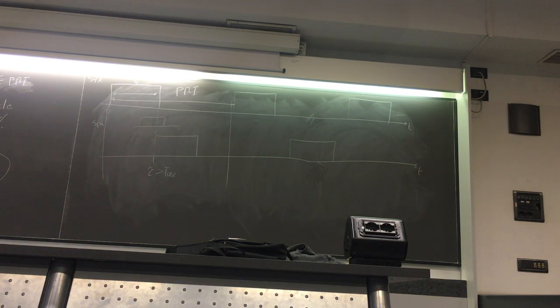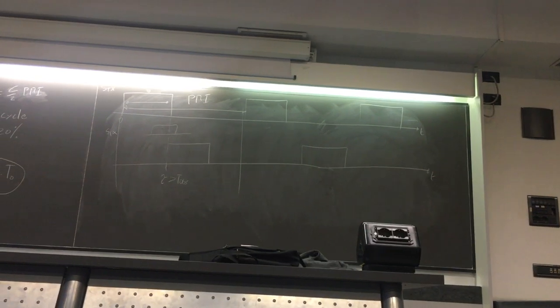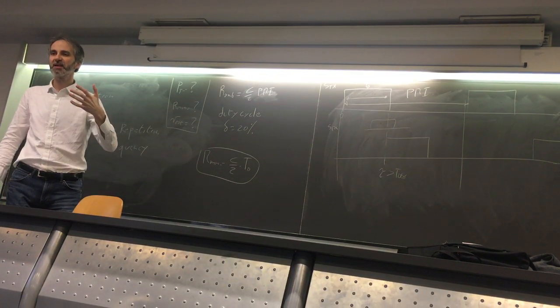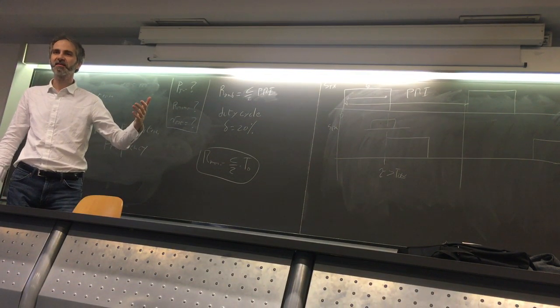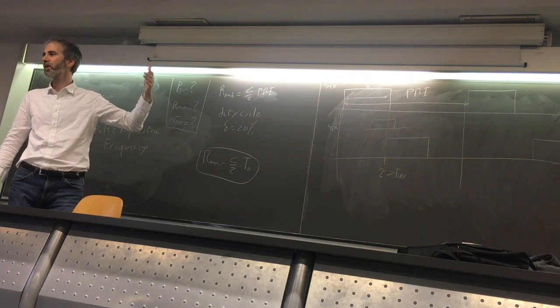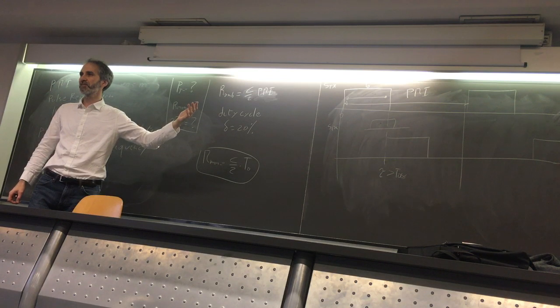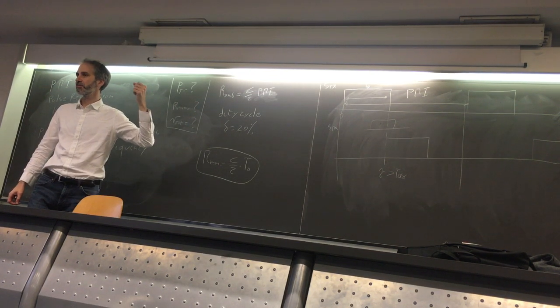So this means that, let's say in this case, based on the text of the problem, we are working under the assumption that there is no chance that a target farther away from the radar than 200 kilometers can be the return.